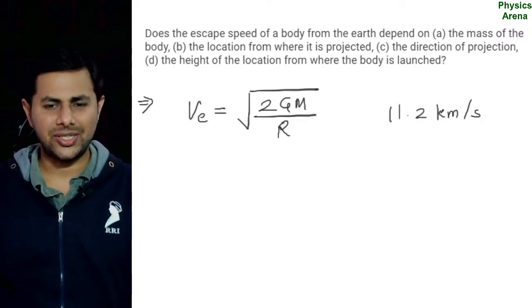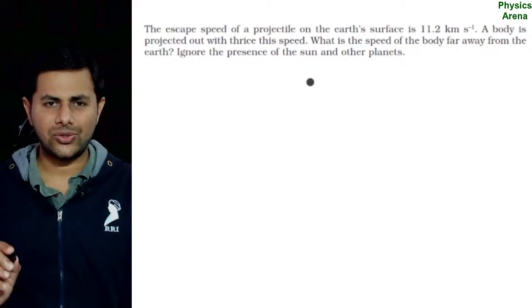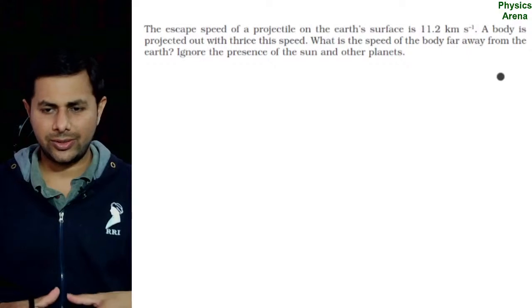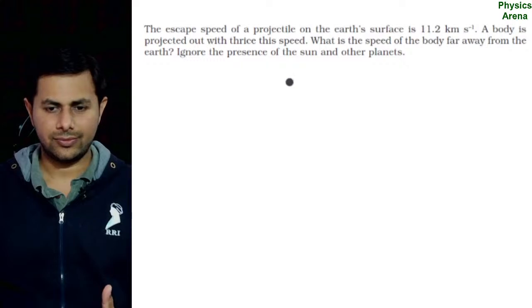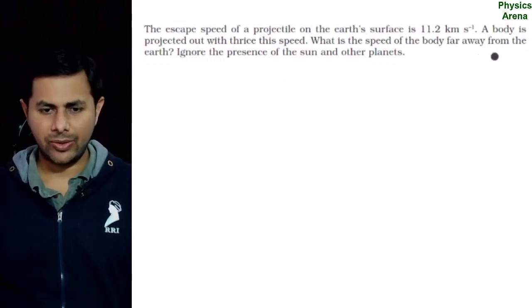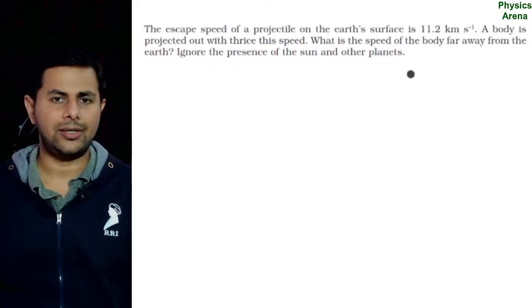Let's move on to the next question. The escape speed of a projectile on earth's surface is 11.2 kilometers per second. A body is projected out with thrice this speed. What is the speed of the body far away from the earth? Ignore the presence of the sun and other planets.